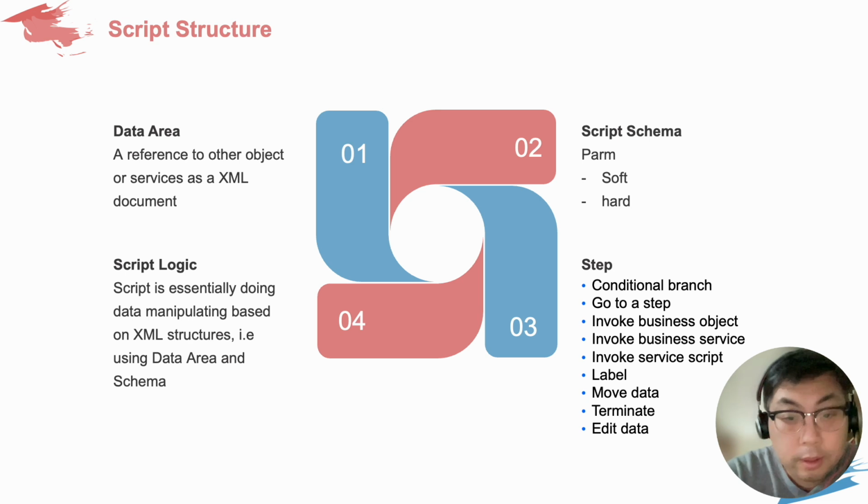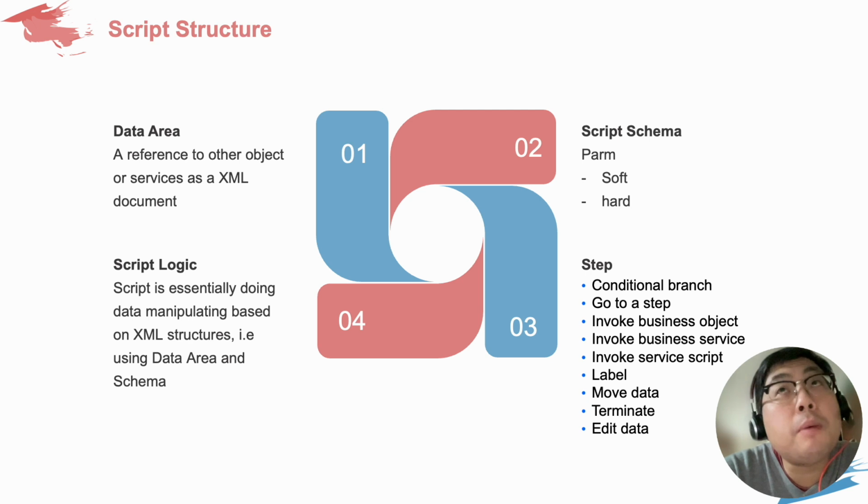If you want to introduce a comment at the beginning of the script, saying what the script is doing, or maybe you want to trace the changes, you can use a label step to track all this information. The most common one is edit data, because edit data is a step where you can write a series of statements, commands.